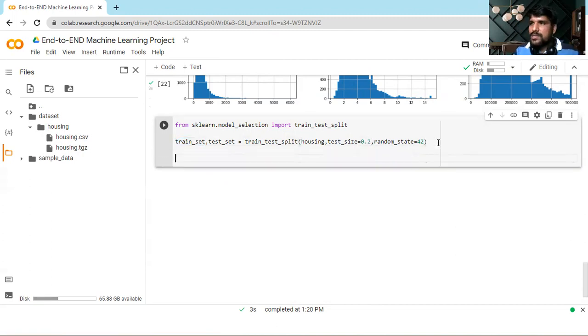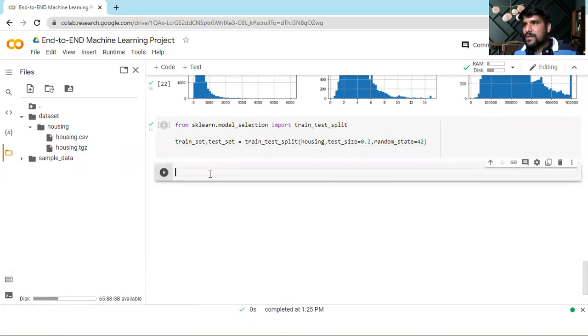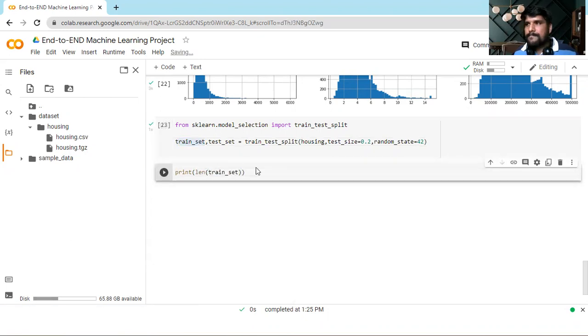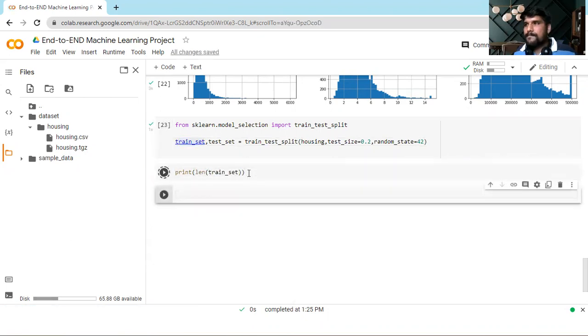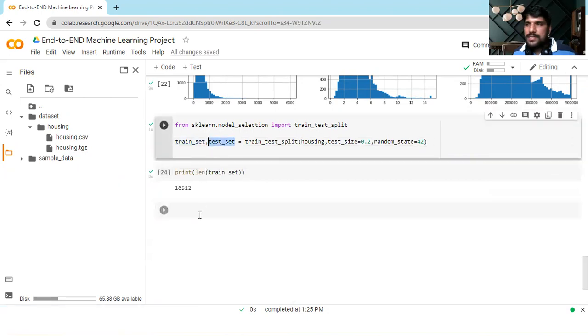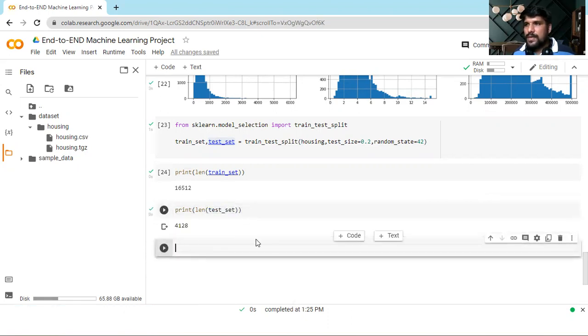Now let's execute this, and let's look at the lengths. The train set is 16,40 and my test set contains 6214 rows.